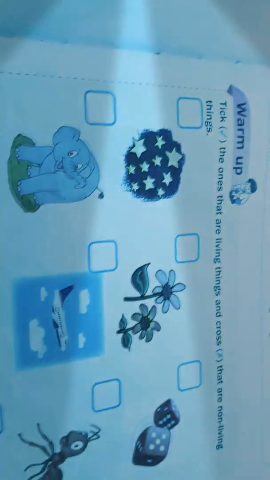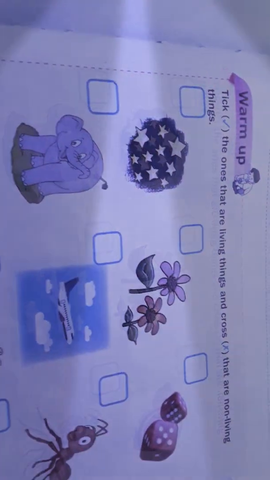According to our textbook, they give a warm-up. Take a close look. Tick the ones that are living things and cross the non-living things. Here they have given some objects.